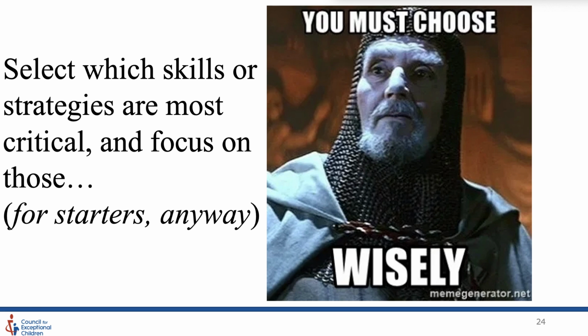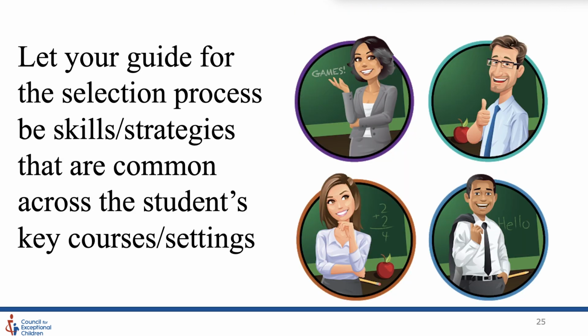The next is which skills, strategies, pieces of knowledge are good candidates for how and where the student will need them across content areas and settings. This is very important.